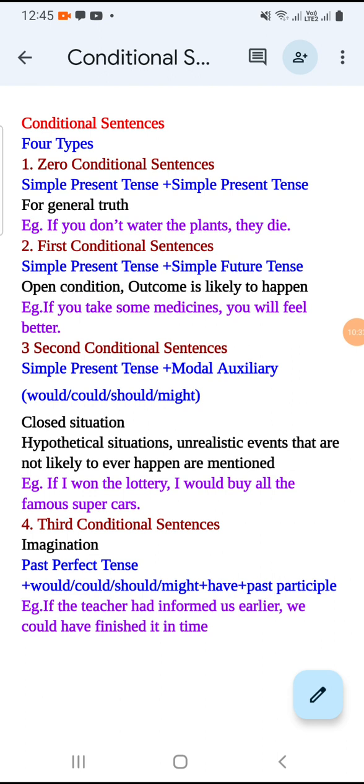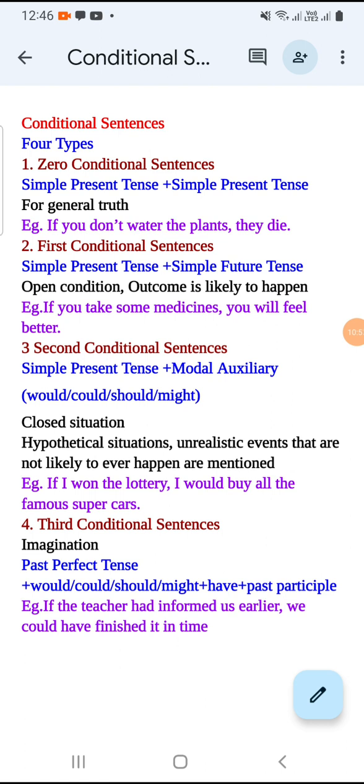Now the next condition is that first we have to know the first condition. When the first condition is used, in black color, you must have noticed, that's called an open condition. The outcome is likely to happen, right?